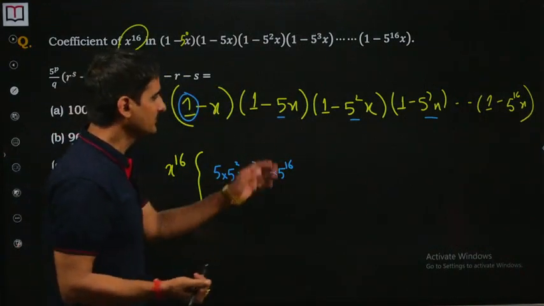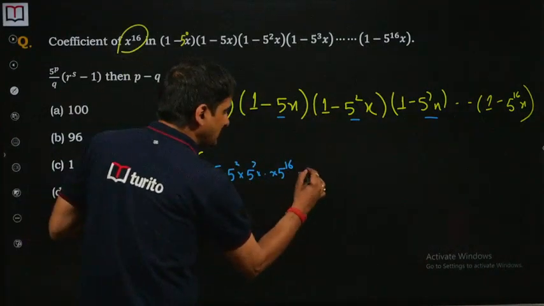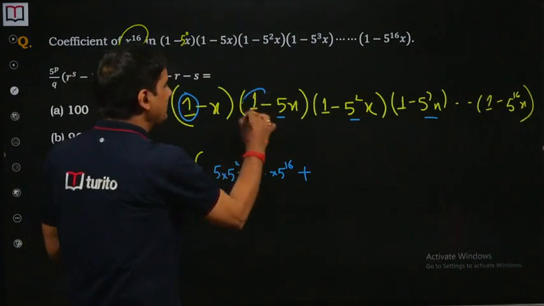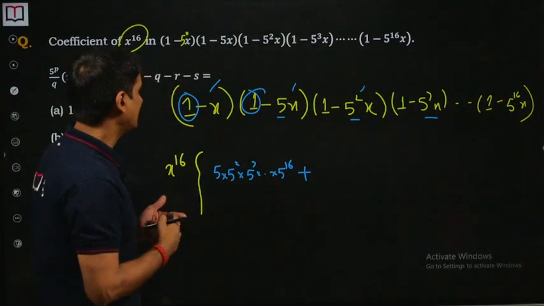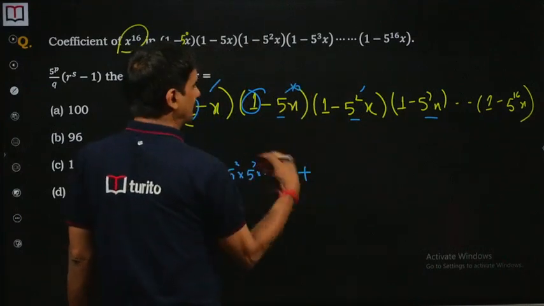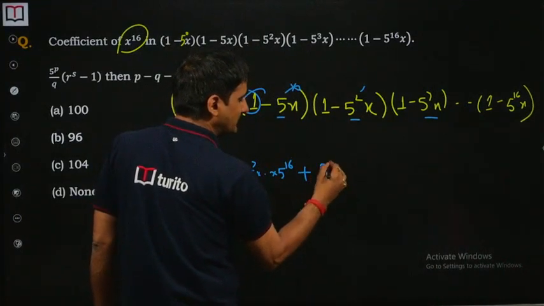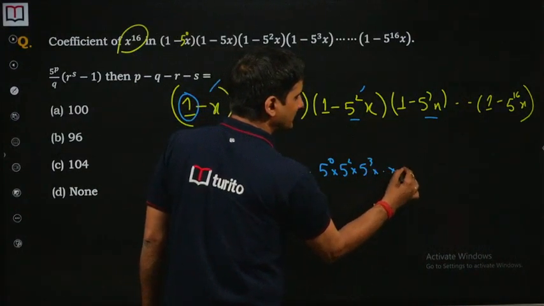Plus, because negative to an even power makes it positive. Similarly, if I choose 1 from the second bracket and x from the remaining brackets, it will be 5 raised to the power 0 into 5 square into 5 cube dot dot dot 5 raised to the power 16.